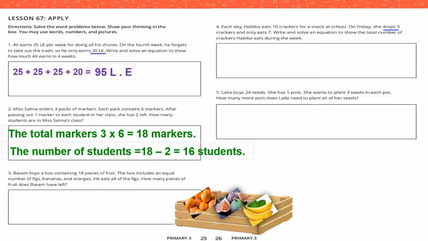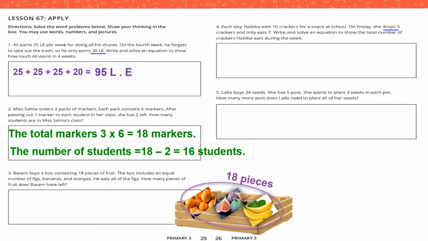Number 3, Basim buys a box containing 18 pieces of fruit. The box includes an equal number of figs, bananas, and oranges. So the total number of fruits is 18 pieces.